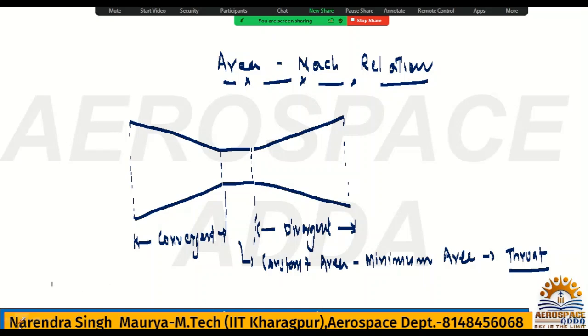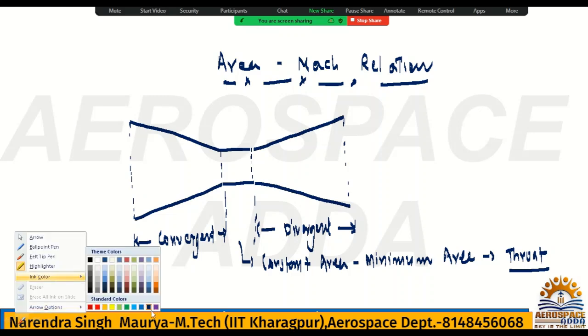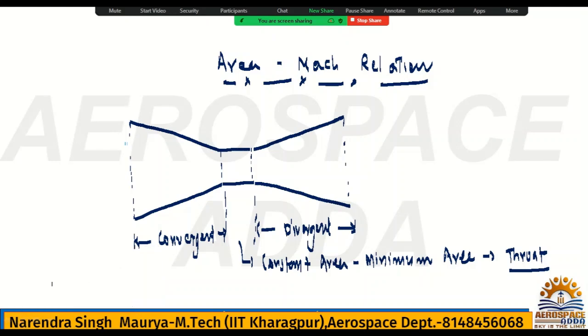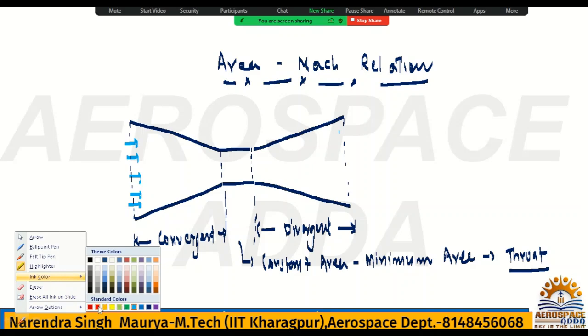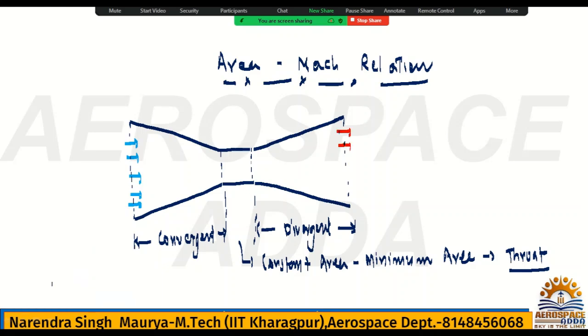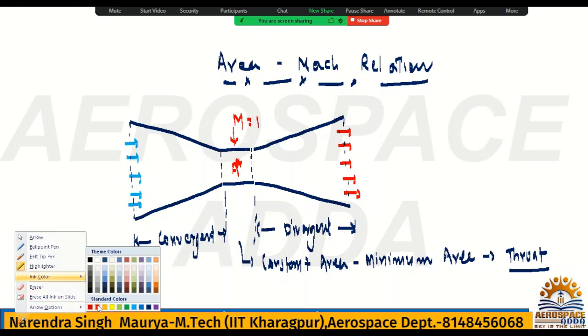So here I can take the flow in, and this is the flow out, where the Mach is 1 at the throat. That area I am considering as A star. What is it? I will tell you the meaning of A star.